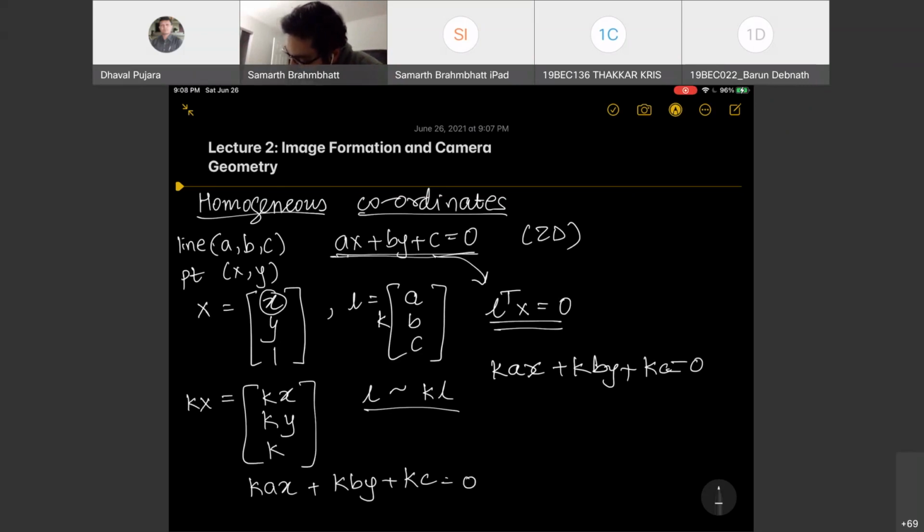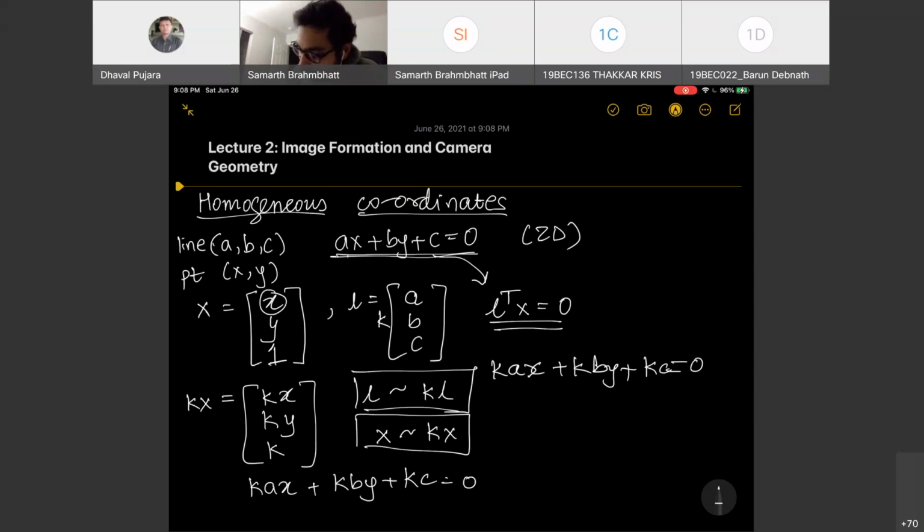because you're again multiplying this equation by k. So our line has this equivalence relationship, and our point also has this equivalence relationship. This is what we mean by homogeneous coordinates: if we represent a 2D point by adding 1 at the end of it, then we get a representation in which x is equivalent to kx.